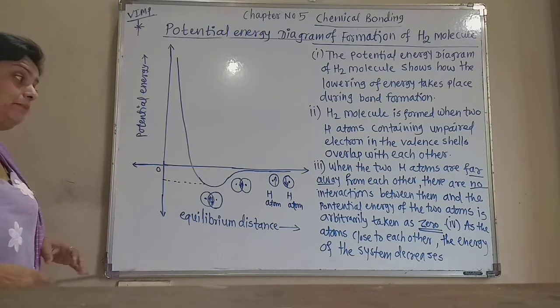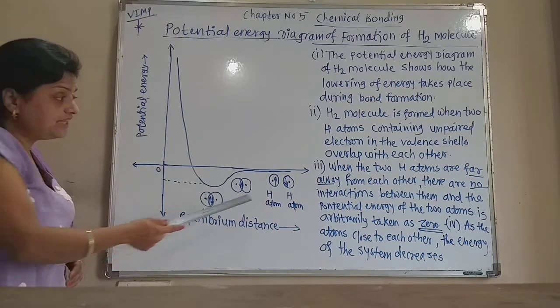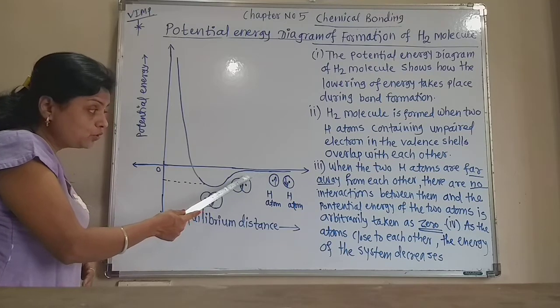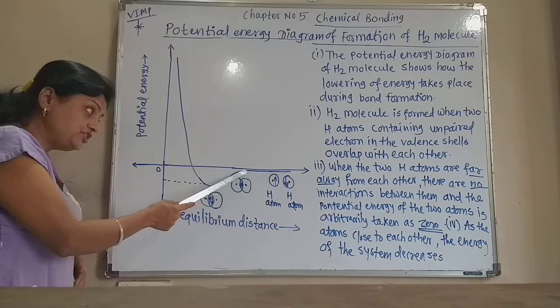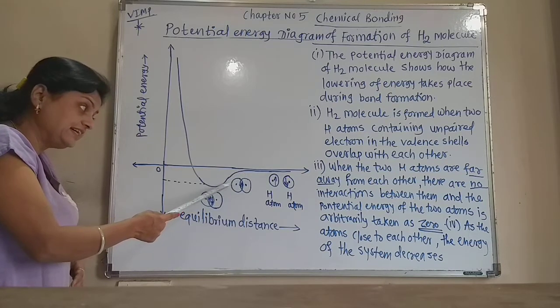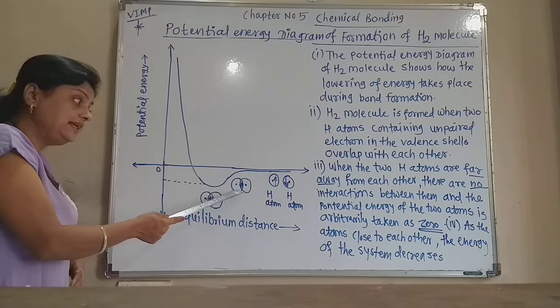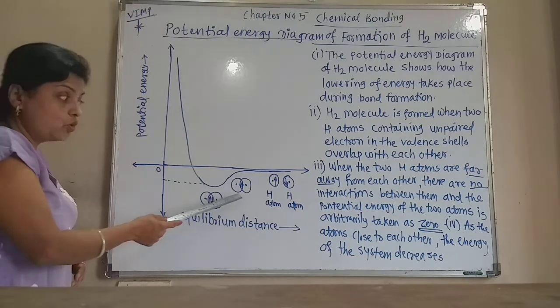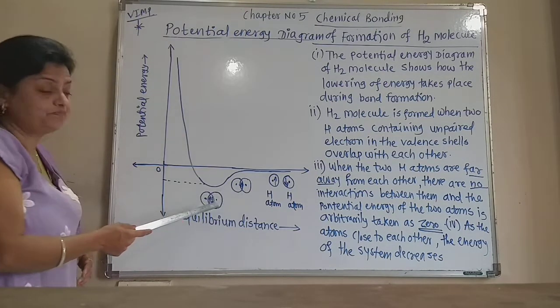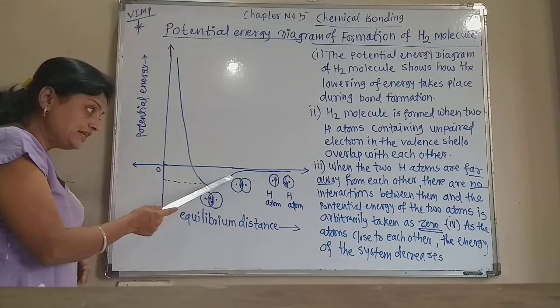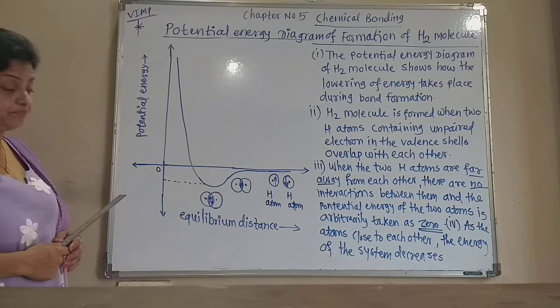But if they approach each other, as they come closer and closer, the potential energy decreases and decreases. Here they overlap again, but the extent of overlapping is less, so the decrease in potential energy is also less.